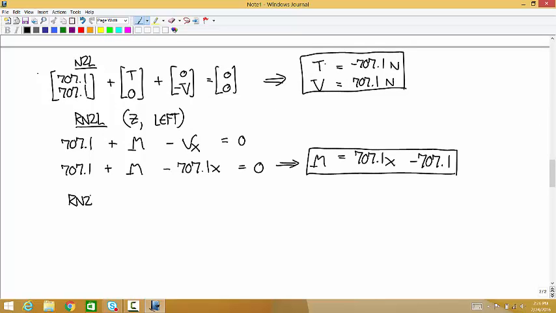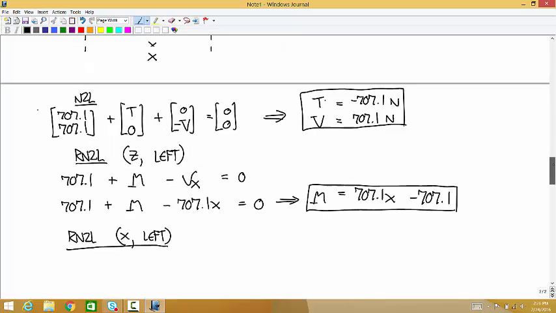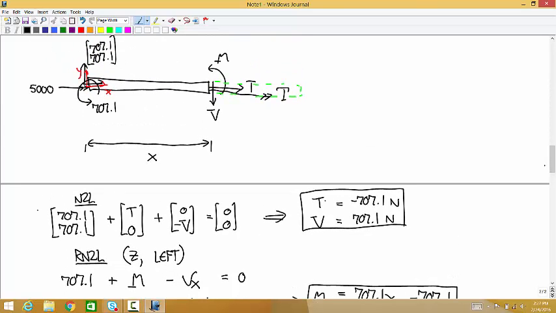And then the last one is the moment equation about the x-axis, all the way at the left endpoint. So what's producing moments about the x-axis? There's the positive 5,000.